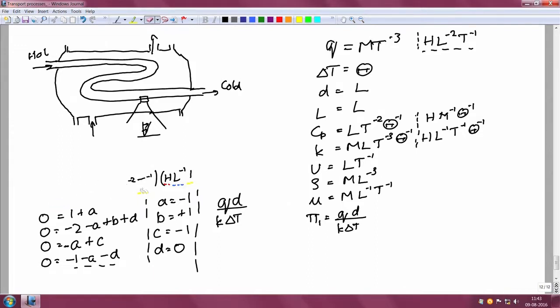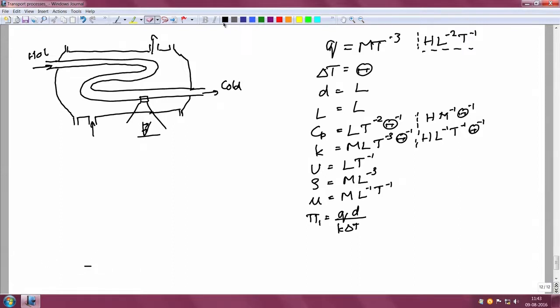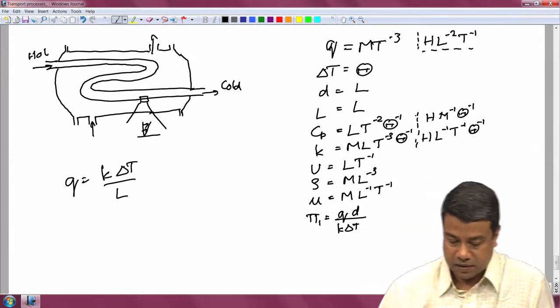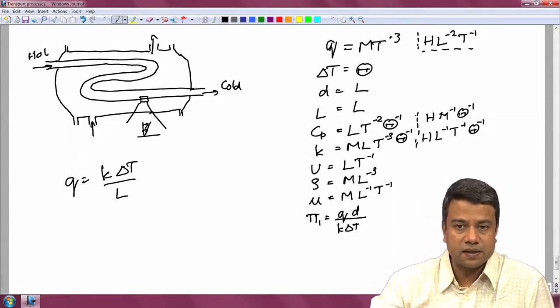Let me give you a little bit of physical insight here. You could have got this without going through the details of the dimensional analysis, just by realizing that at the local scale, at every volume element within the fluid, Fourier's law of heat conduction applies for the conduction of energy, and it states that Q is equal to K delta T by L. This applies at every local position where delta T is the difference in temperature locally.